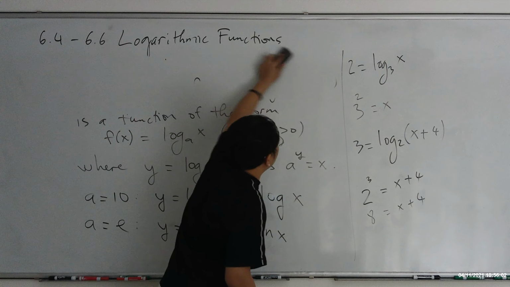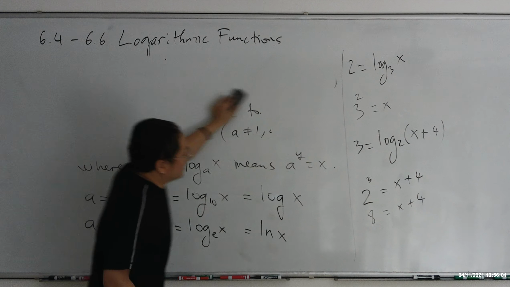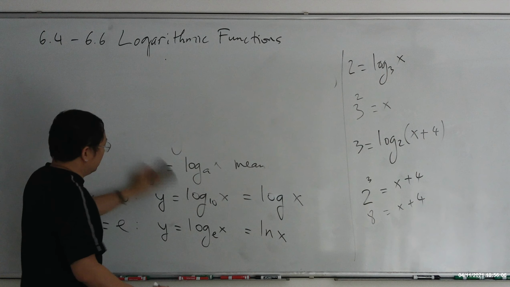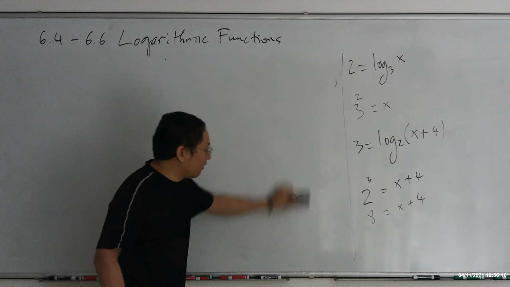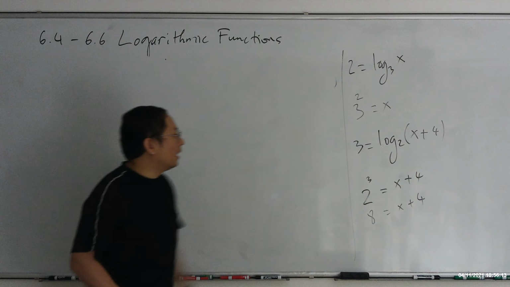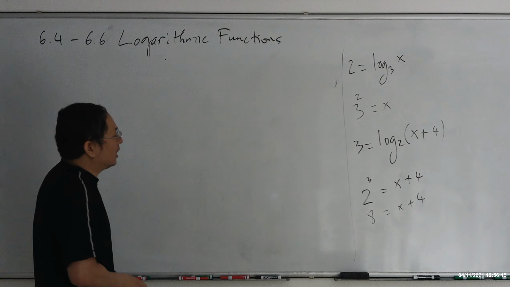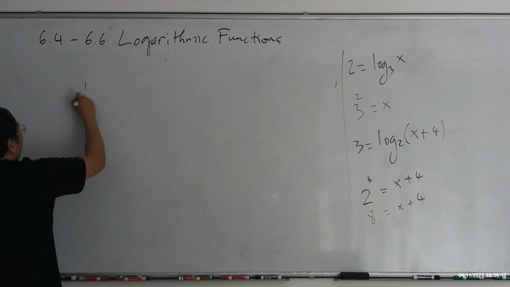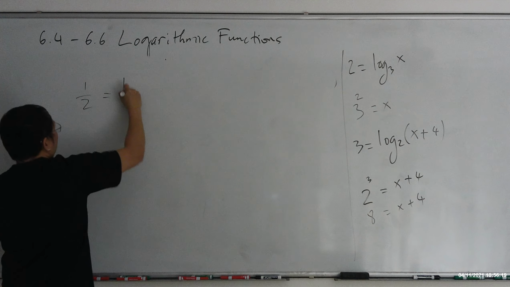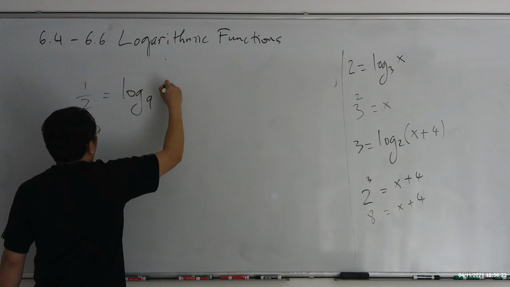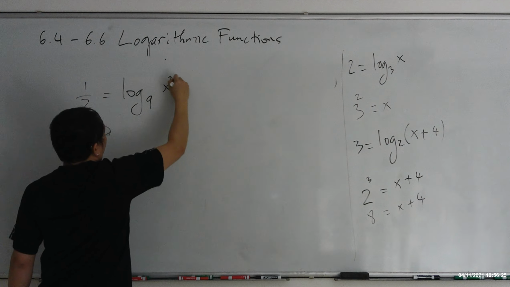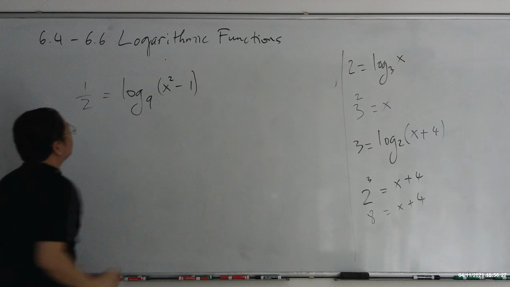Let me give you a couple more. I just want to make sure that you guys get the hang of the log notation. It's just a definition, and you just follow the definition to interpret the notation of the log. Say we have 1/2 is equal to log base 9 of x squared minus 1, for example.